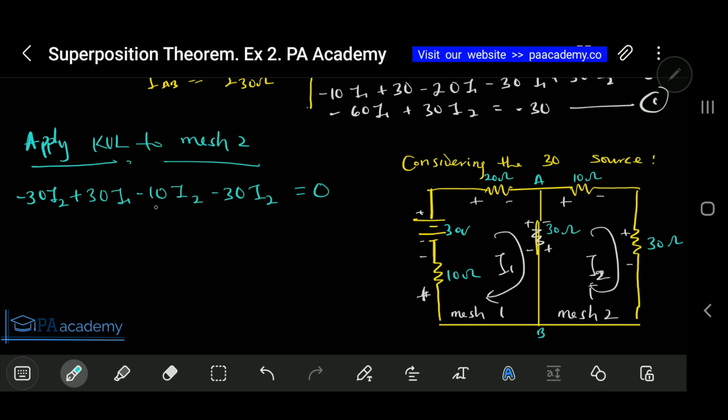So if you tidy this up, let's see how many I1, we're having just this 30 I1, so that will be 30 I1, then minus 30 I2, minus 10 I2, minus 30 I2, so that will give us minus 70 I2 equals to 0. So this will be our equation 2.